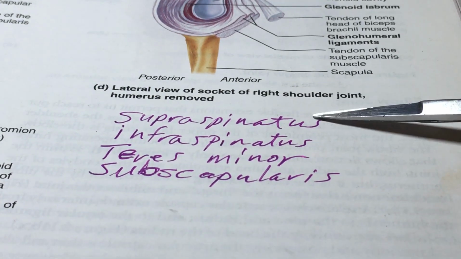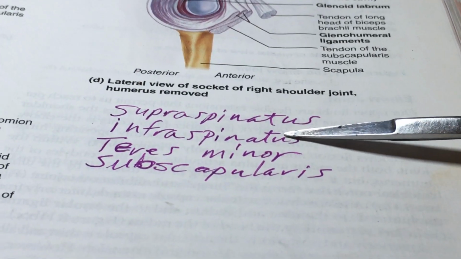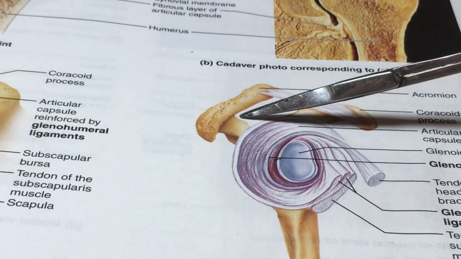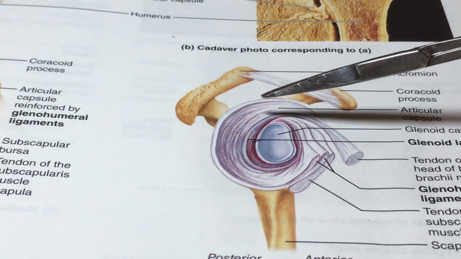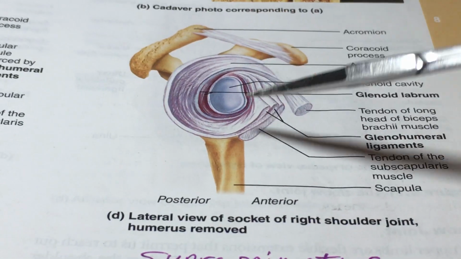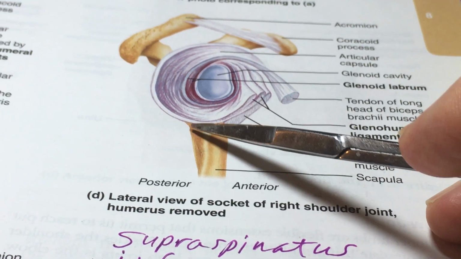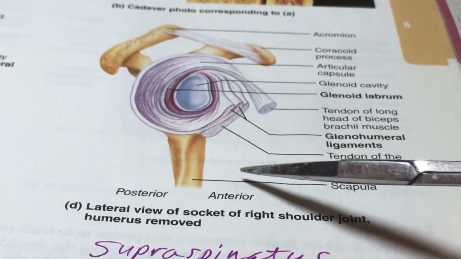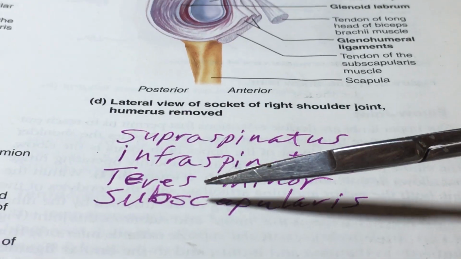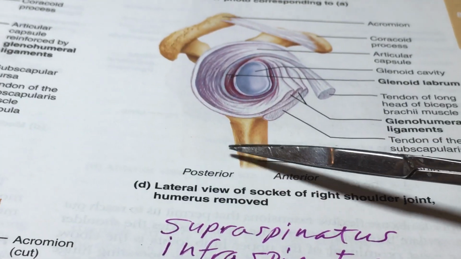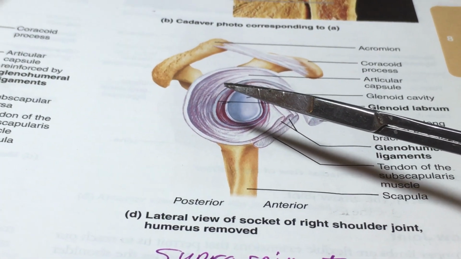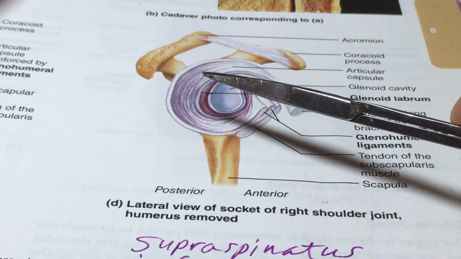We have the supraspinatus, the infraspinatus, teres minor, subscapularis. Supraspinatus is above, and so it's coming from above the spine. The infraspinatus is coming over here from below the spine, and the two of them, along with the teres minor, are all going to a part of the humerus that is called the greater tubercle.